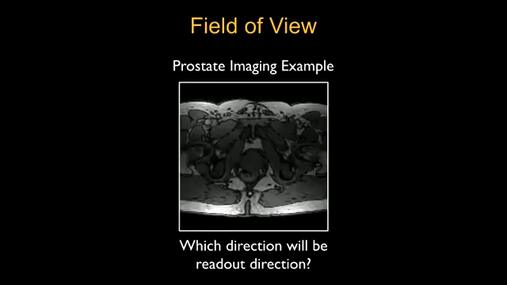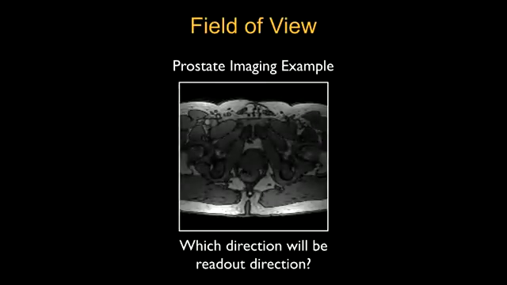It's sometimes very rectangular depending on the shape of the body or location of your object. This is a particular example of pelvic imaging. We are looking at the pelvic area, and this is a very oval shape, right? One direction is very long, the other direction is not long. And typically, because field of view x is much easier to control, the long axis is put in the x direction, and the short axis in the phase encoding.